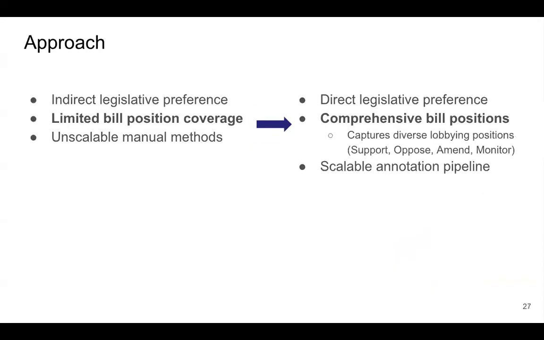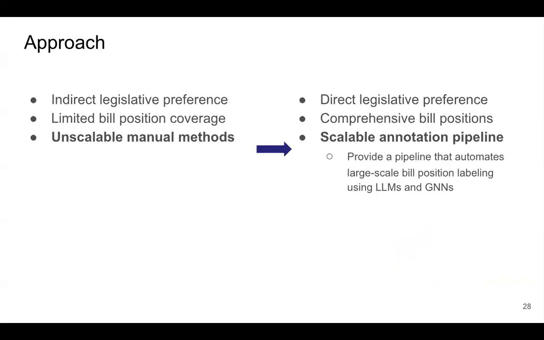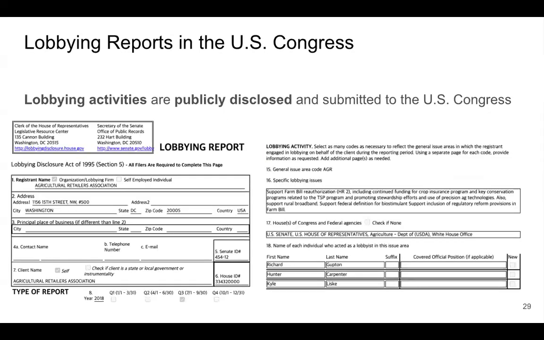In this research, we try to uncover these legislative preferences of the interest groups, and provide a really wide and comprehensive coverage using LLMs. Before, in previous work, people did look at lobbying activities and try to classify whether interest groups are lobbying in support or opposition, but political scientists usually work with very small data sets compared to what we work with in this machine learning field.